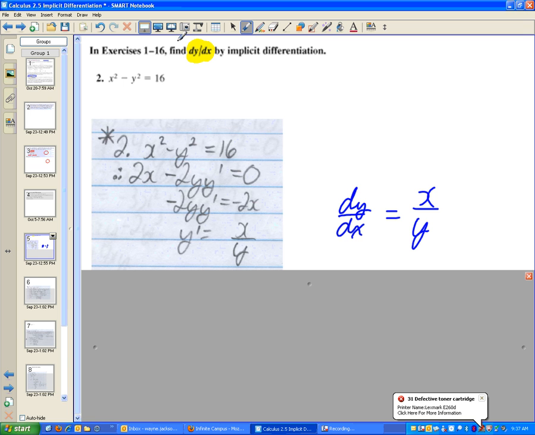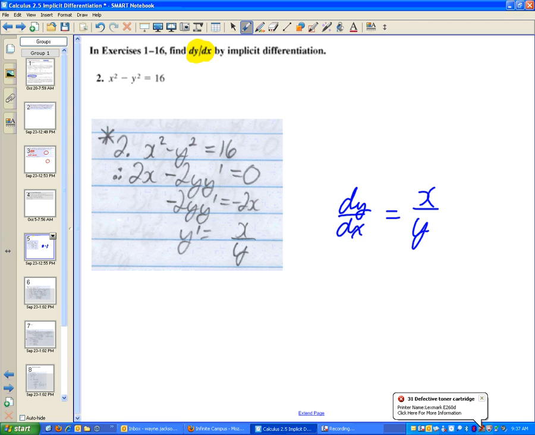There's a y in it. Up until now, if they gave us a point to find the slope of the tangent line, we always ignored the y, didn't we? It didn't matter. Does it matter now? It matters now. All right, any questions on number 2?